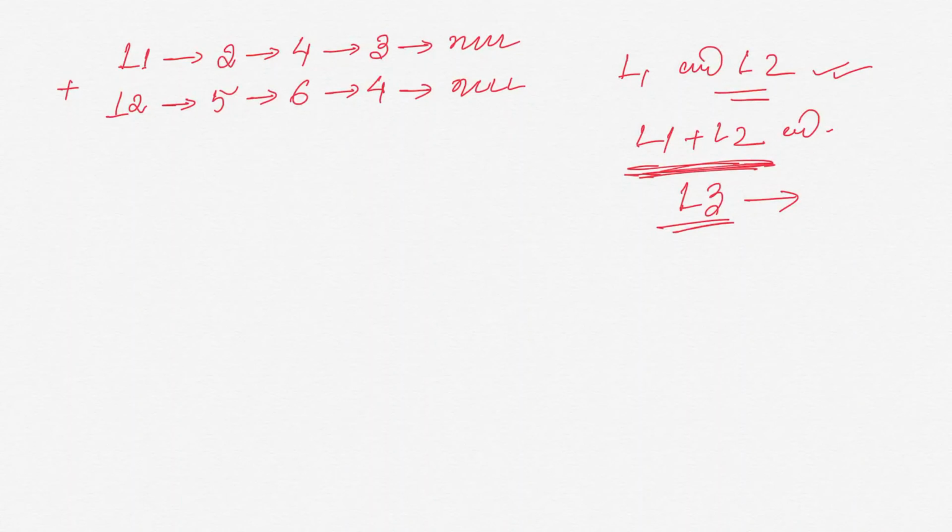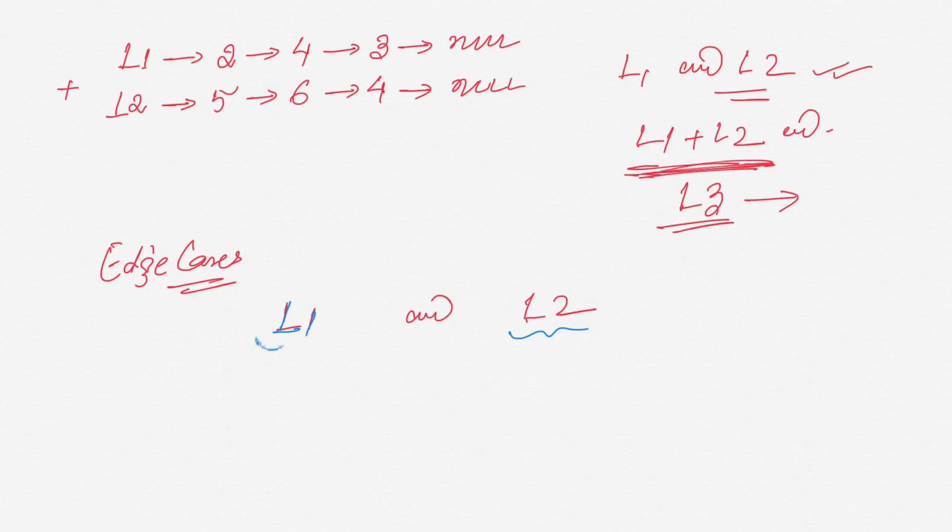Before solving this problem, let's discuss some edge cases for L1 and L2. L1 is the head of linked list 1, and L2 is the head of linked list 2.